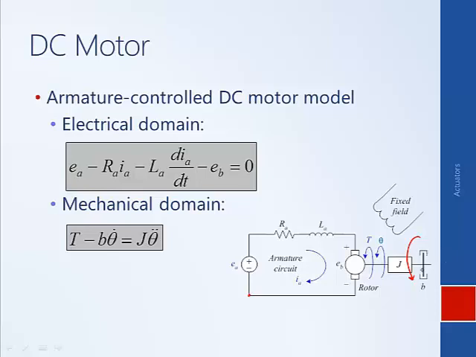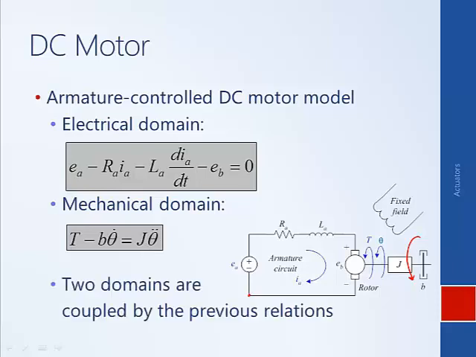We model that friction as viscous friction, where the friction is proportional to the speed at which the rotor is rotating. These are the sum of the moments, and it equals J alpha, where angular acceleration is theta double dot, and J is the rotational inertia of the rotor.